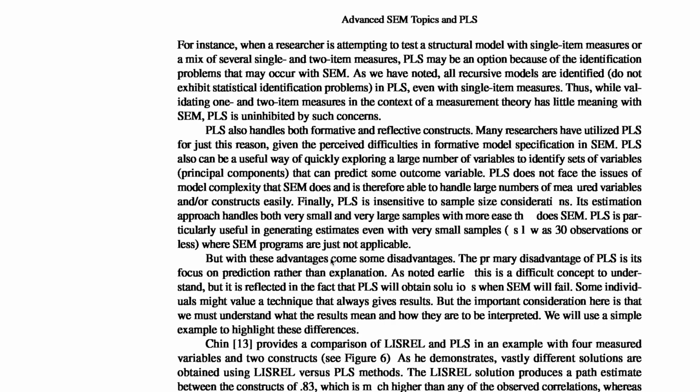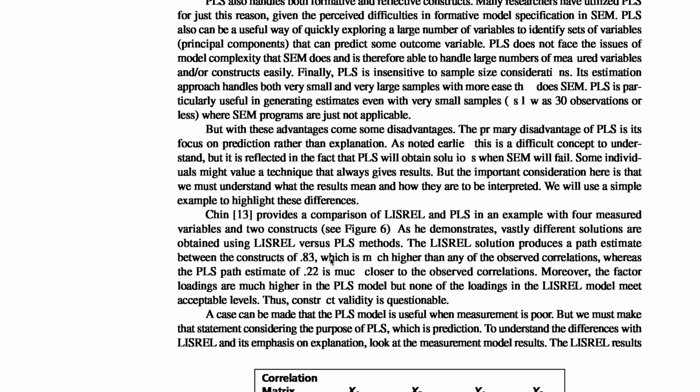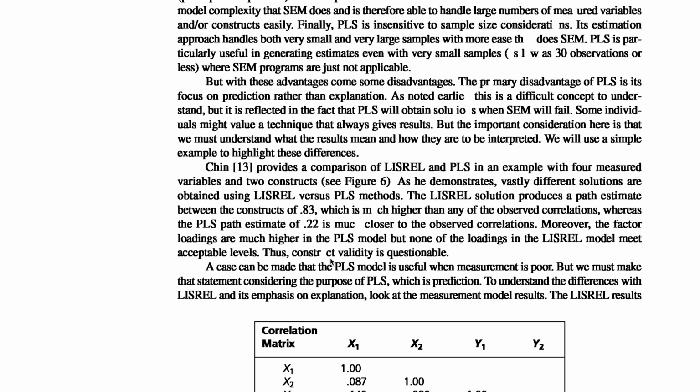This provides a comparison of LISREL and PLS in an example with four measurement variables and two constructs. As demonstrated, vastly different solutions are obtained using LISREL software versus PLS methods.